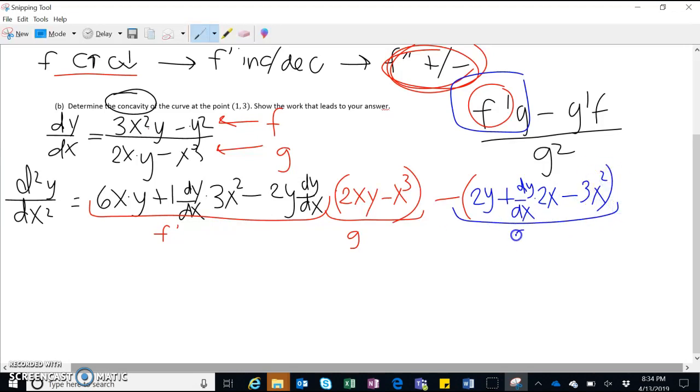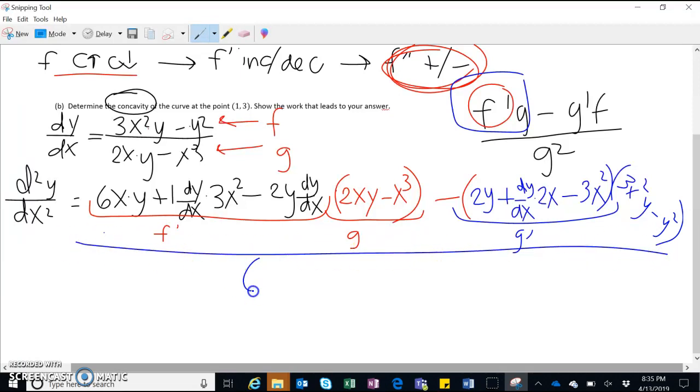All of that is g prime. I'm going to run out of room here, but I've got to multiply that by f. That's 3x squared y minus y squared. All over the denominator squared.